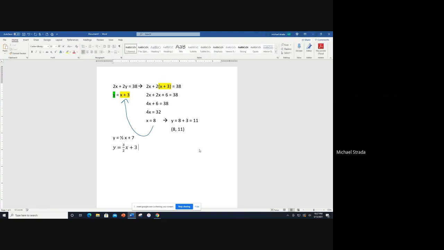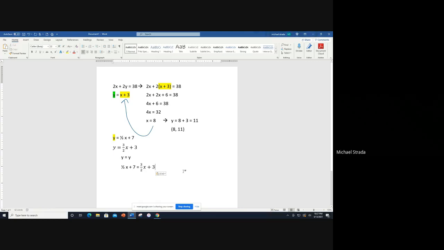Now, one of the things you need to get used to in math is seeing when two things are equal to the same thing. In this case, y is equal to both. So the y is the same in both. So we can say, when is y equal to y? Well, in the first equation, substitution would be the 1/2 x plus 7, and the second equation would be the 3/2 x plus 3.